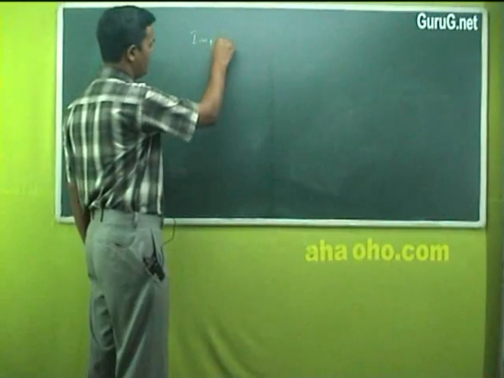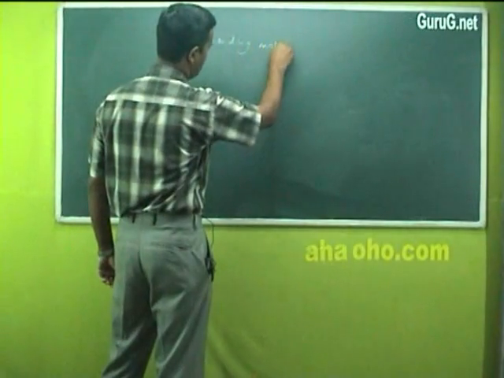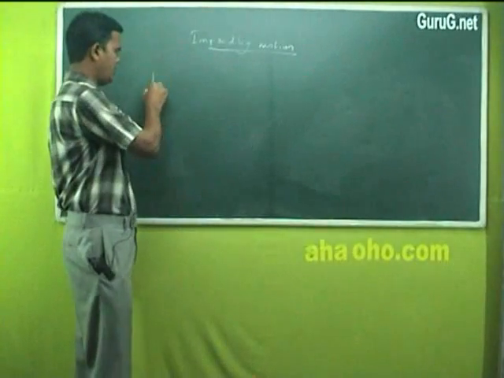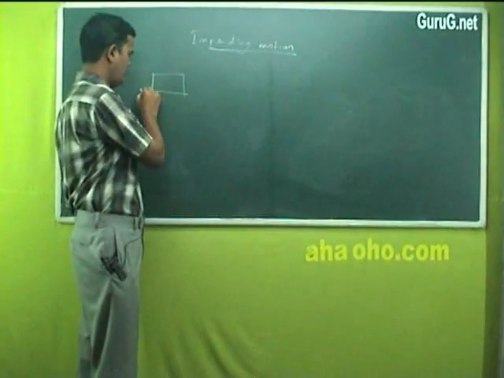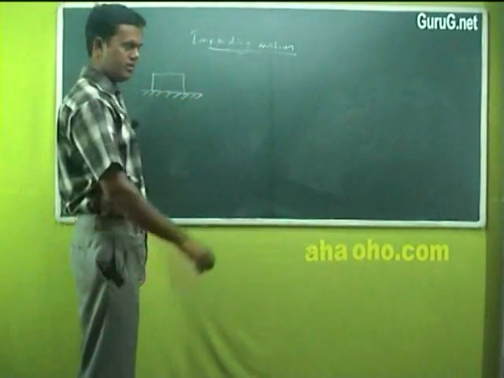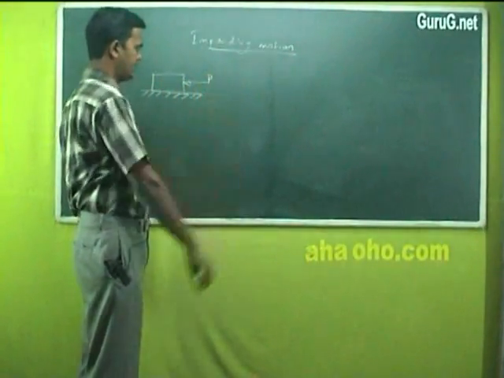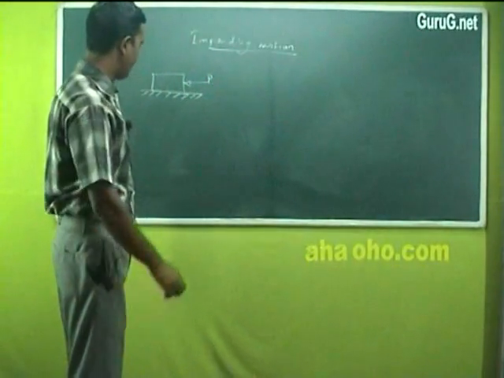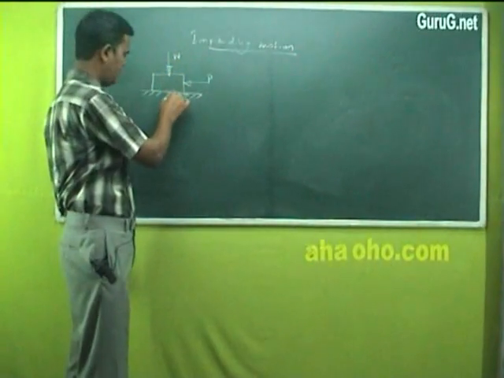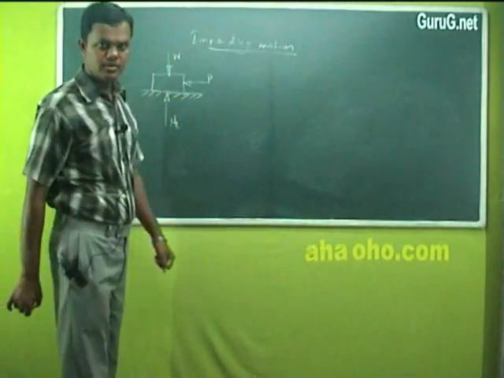impending motion. Which means, as I told, there is a body kept on a rough surface, okay, you are just applying a force in any direction, either right or left. So as known, the weight of the body will be towards the vertical side, and you will have a normal reaction, right?